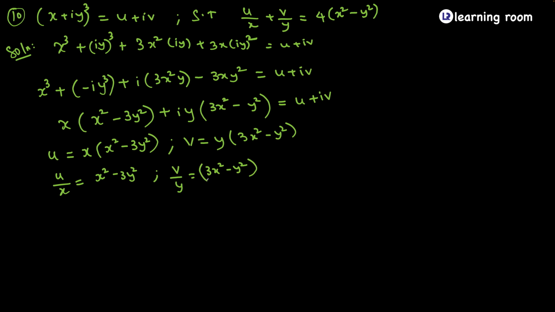When you add them, u by x plus v by y will be equal to x square plus 3x square, which is 4x square, minus 3y square minus y square, which is minus 4y square. So take out 4 common, you will have 4 into (x square minus y square). That's what they have asked. Is the point clear? So this is how you solve this problem.